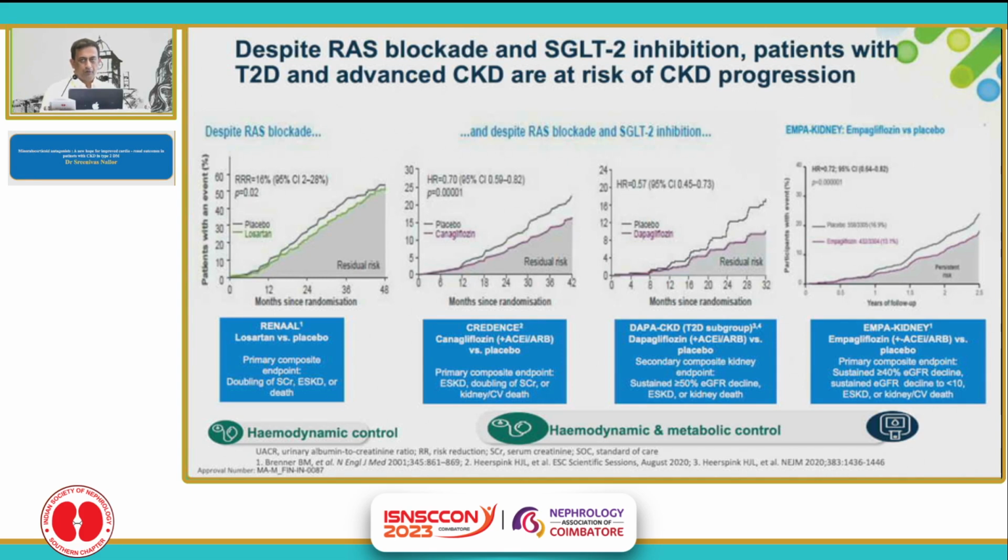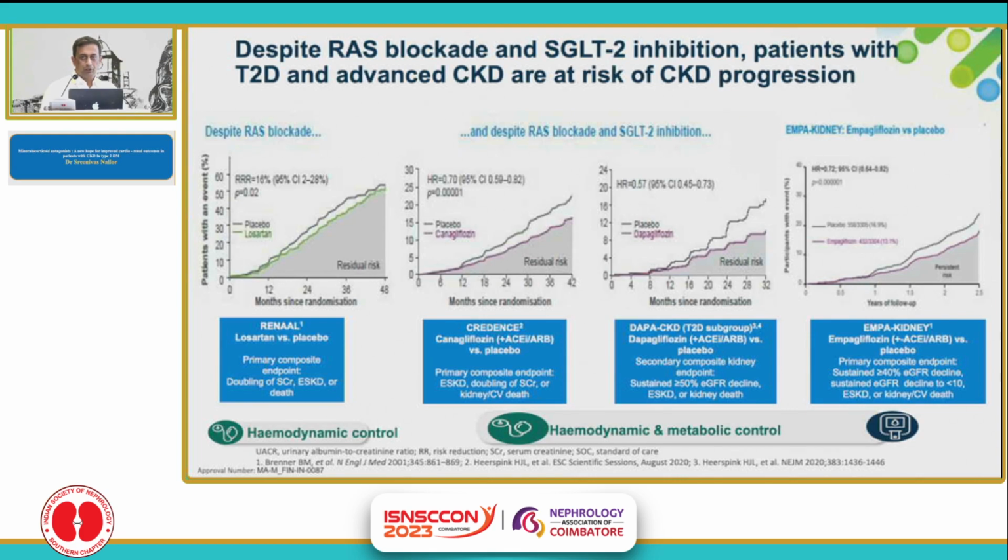For the next 16 years, no studies showed any improvement in the risk reduction. Then came CREDENCE, which compared canagliflozin. Then came DAPA-CKD, dapagliflozin, and last year, EMPA-KIDNEY came into print. What they all showed was a significant risk reduction in patients with diabetes with regards to cardiovascular mortality.